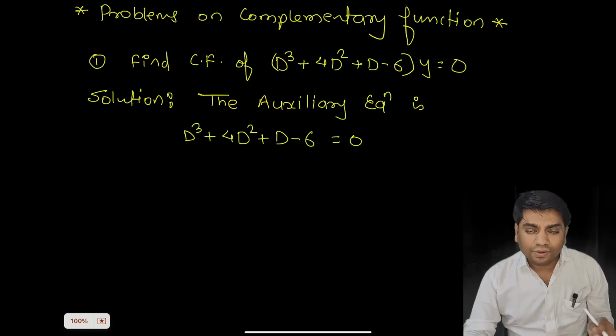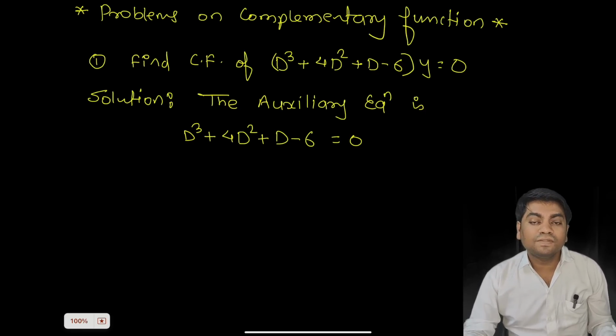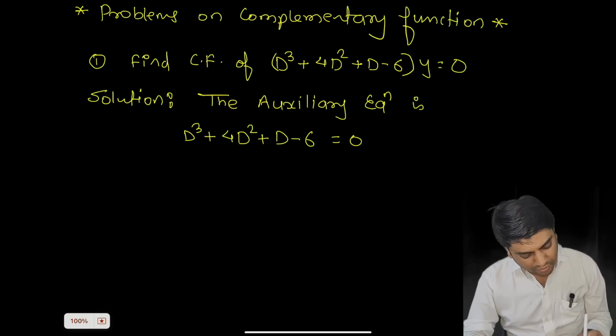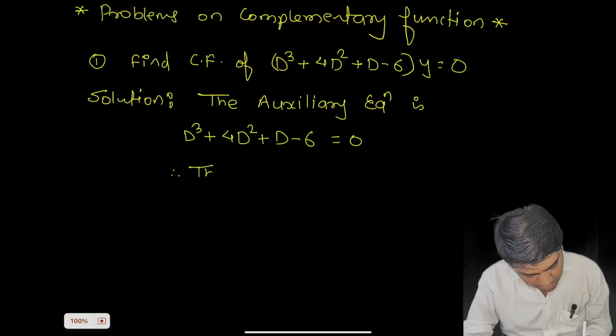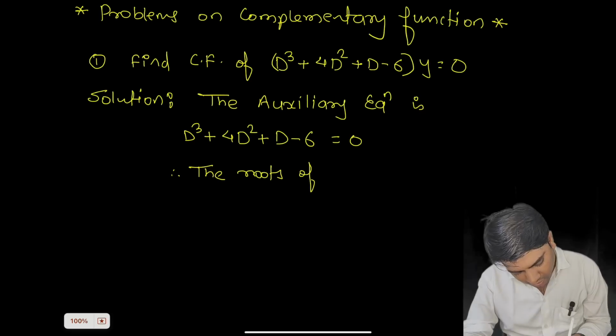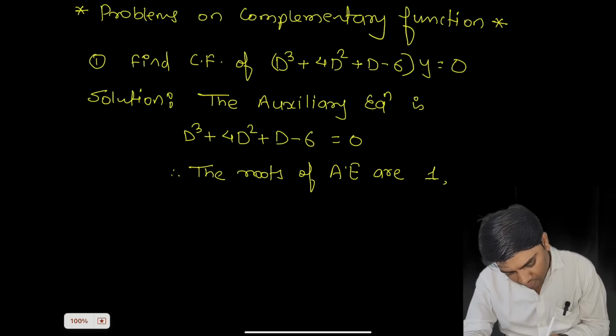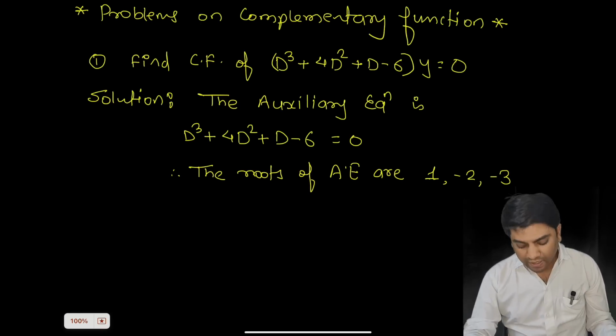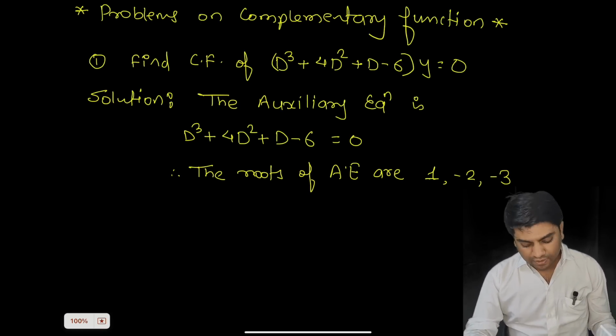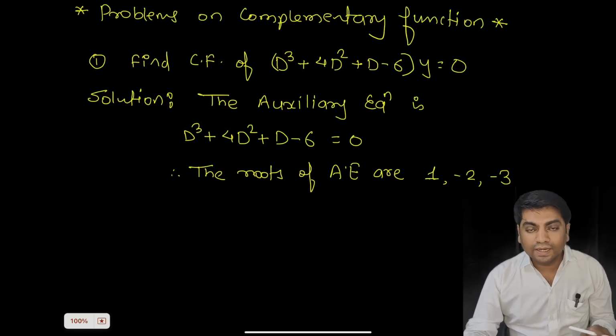Now by solving this auxiliary equation, we will have three roots. They may be repeated or they may be distinct. Okay, so therefore by solving this, the roots of auxiliary equation are 1, minus 2, minus 3, three roots, and all are distinct. Okay, so all three roots are real and distinct.